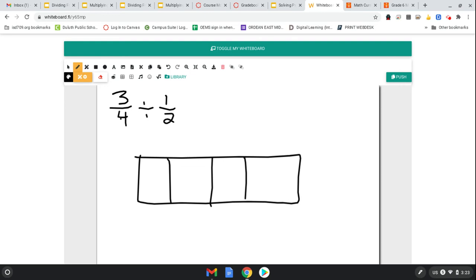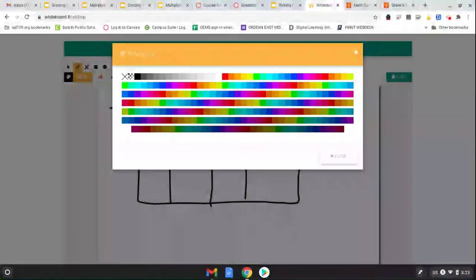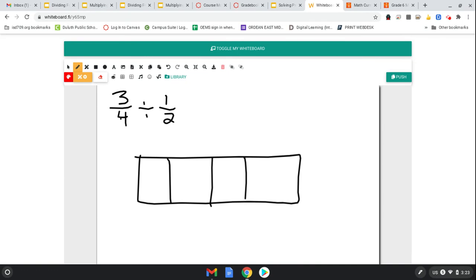Then I am going to divide or split my tape in half this way, going by the denominator of the divisor.